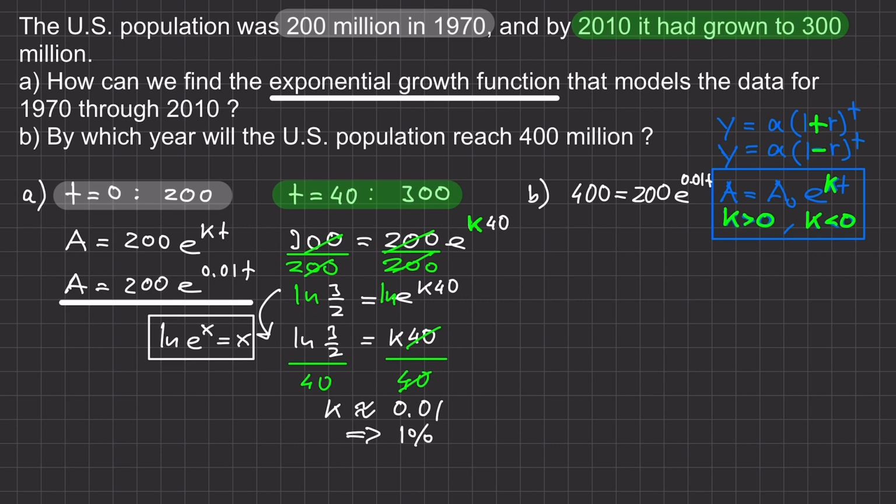After dividing both sides by 200, we get 2 equals e raised to the power of 0.01 times t. Then we are going to take the natural logarithm on both sides. And with the inverse property, we get ln of 2 equals 0.01 times t.